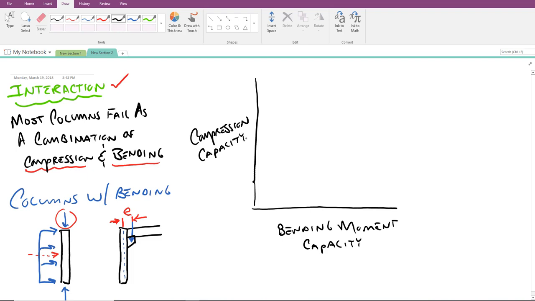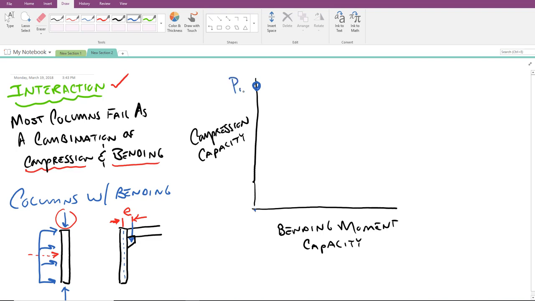And interestingly enough, if you were to think about this in a theoretical sense, if the compression capacity were completely at its maximum value, we couldn't have any bending moment capacity. So bending in that case would be equal to 0.